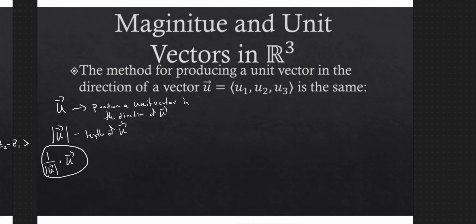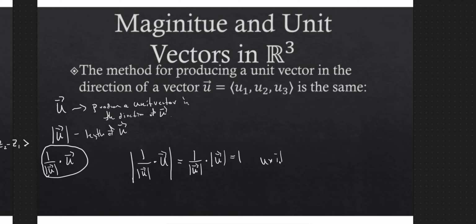And remember, the idea was if I find the magnitude of this scaled vector, well, I can pull this magnitude out. That's 1 over magnitude u times magnitude u, and I just get 1.